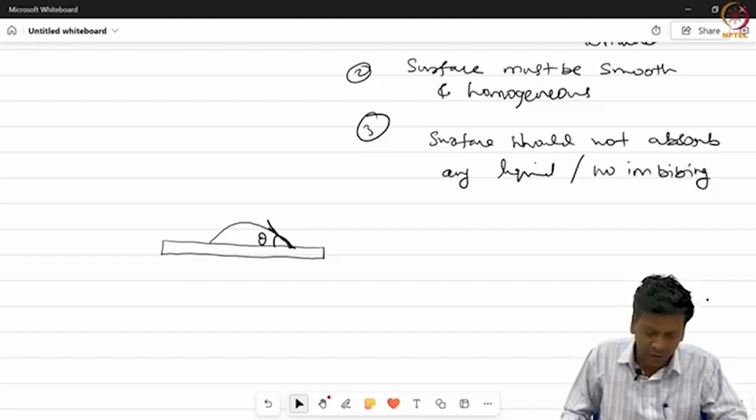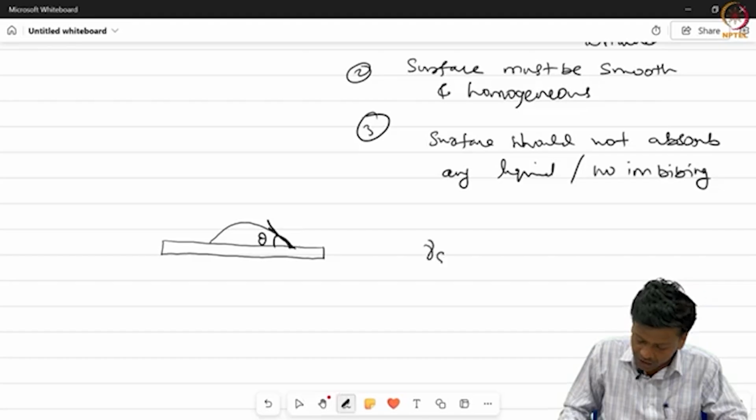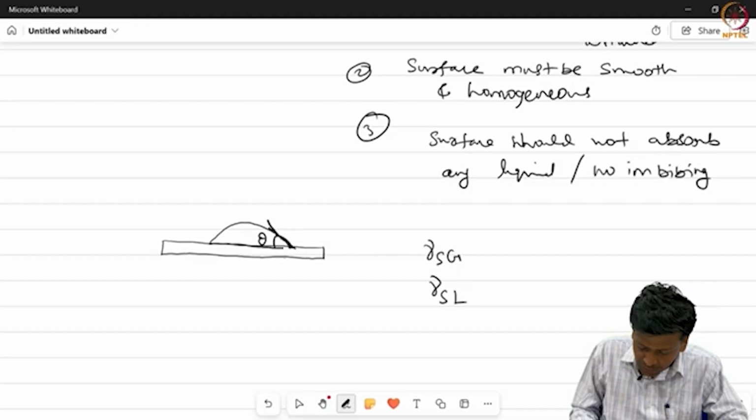As I explained already, there are three competitive forces which exist in this case. They are gamma Sg, which is because of the association of solid and gas, and gamma Sl. So this part is gamma Sl, whereas this is gamma Sg, and this is gamma Lg.